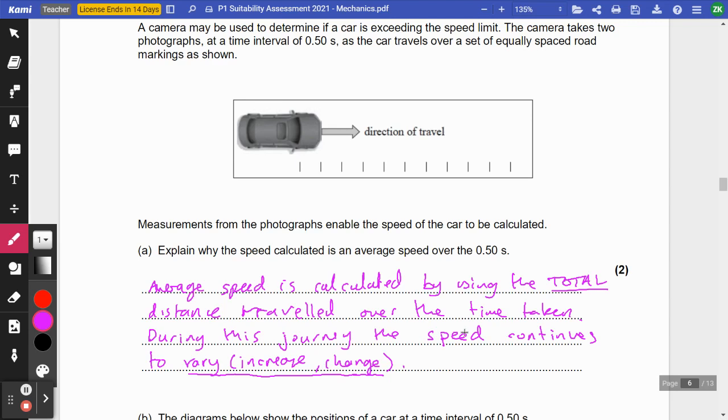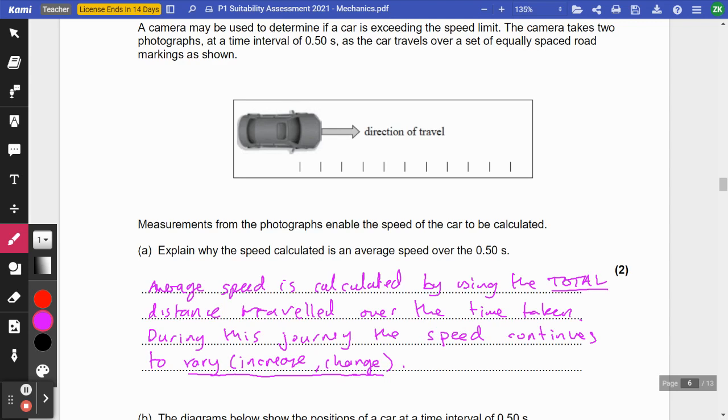So the car is going to move from, let's say, here to here. So we'll know the distance traveled, and we'll know the time it took will be 0.5 seconds for that distance. So we would not know what the speed will be at each individual point because we've looked at the distance after, the distance before, i.e. the total distance traveled divided by the time taken.